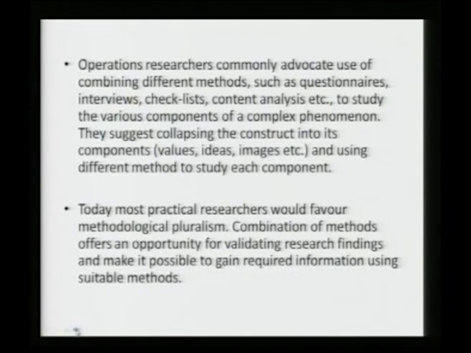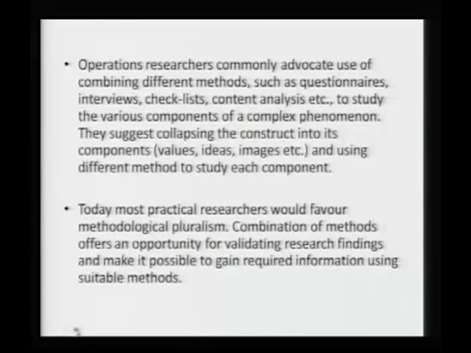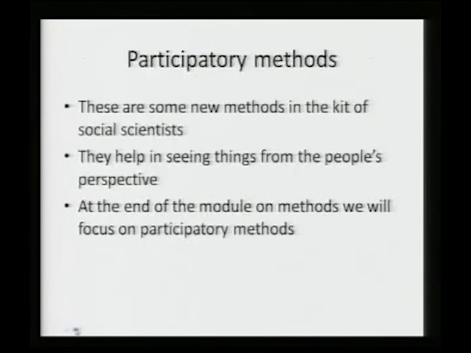Today, most practical researchers would favor methodological pluralism. Methodological pluralism means a combination of different methodologies and methods. Combination of methods offers an opportunity for validating research findings and makes it possible to gain required information using suitable methods.